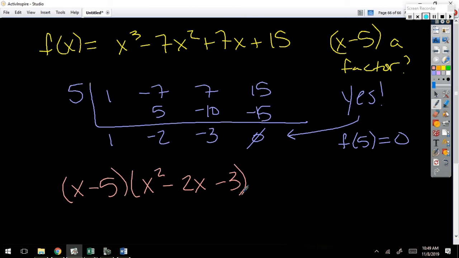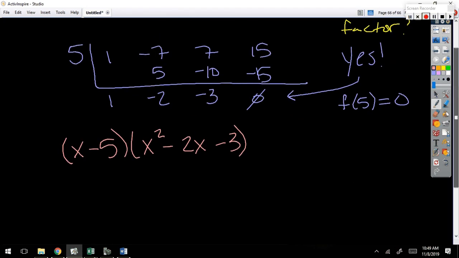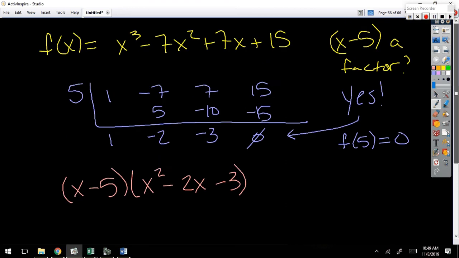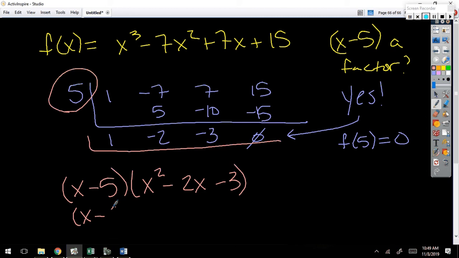Wait, I didn't get 0 when I divided. It might be a sign issue. Factor completely means take everything you have and factor down even more.